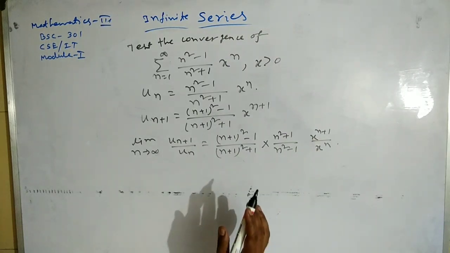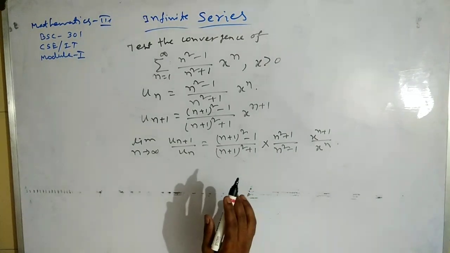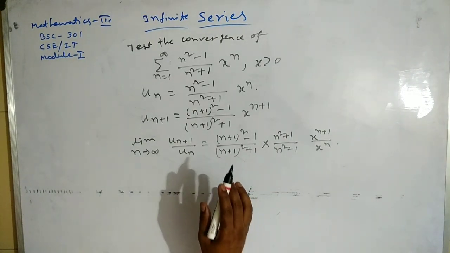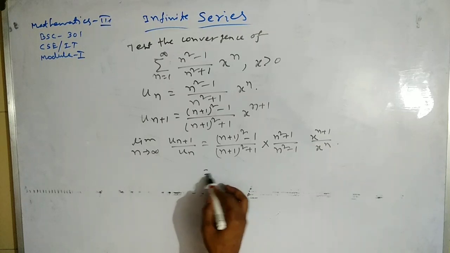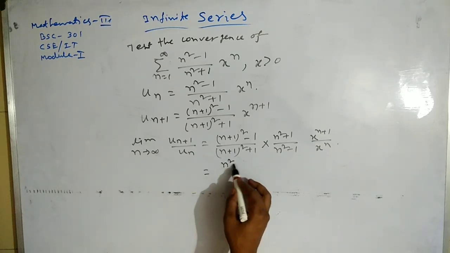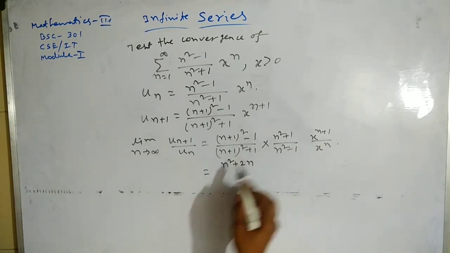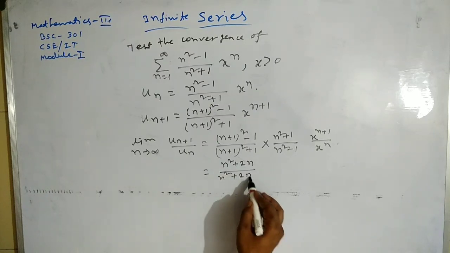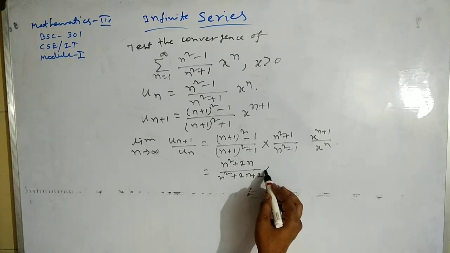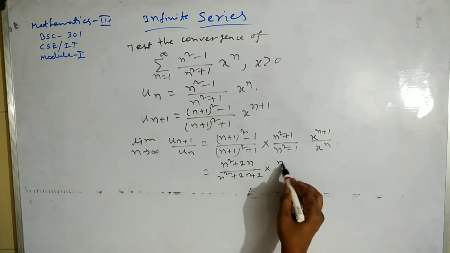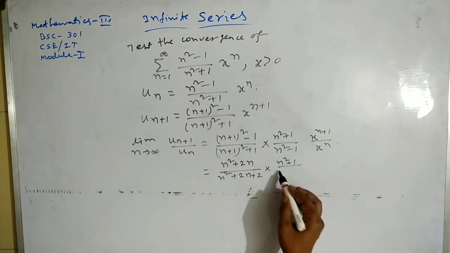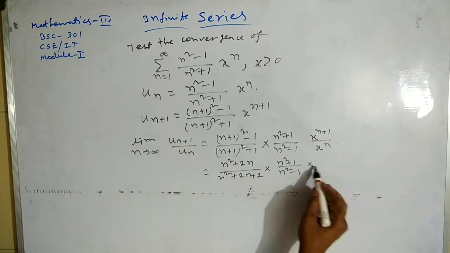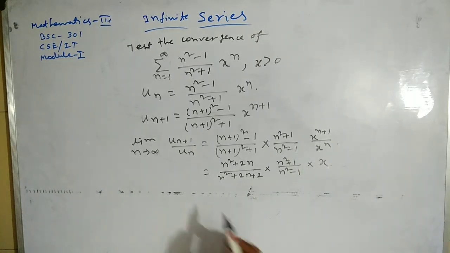Now you have to simplify this. So by simplifying, we get n² + 2n, 1 will be cancelled out, and this will be (n² + 2n + 2) into (n² + 1) by (n² − 1) into, this will be x.